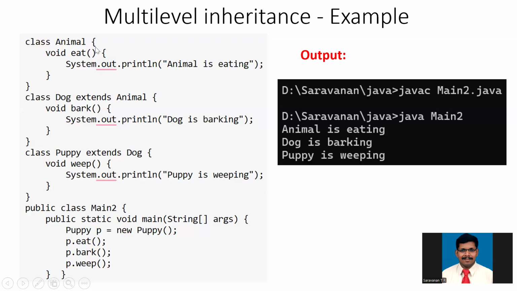If an Animal object is created, it has access only within Animal. But Puppy is the lowest derived class. When an object is created here, it can access Dog and Animal.